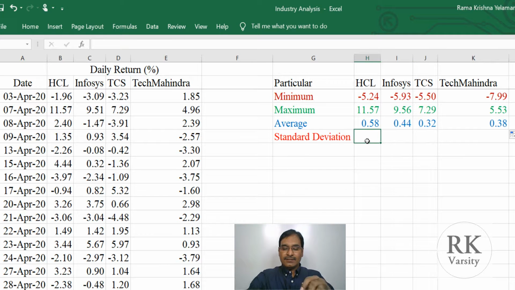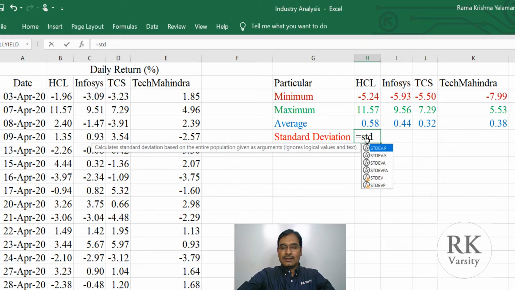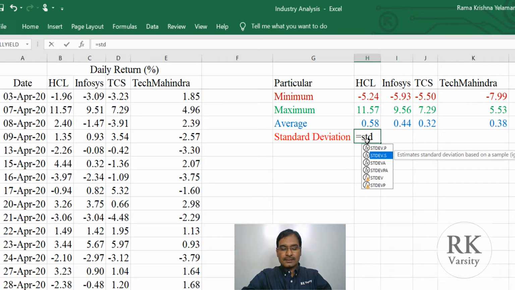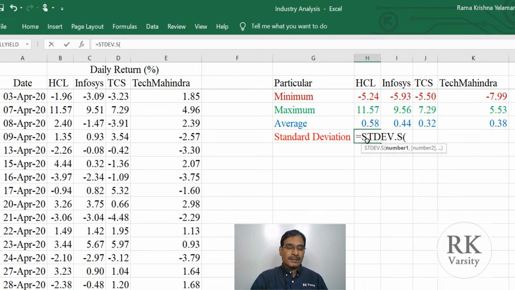Then the standard deviation equals STDEV.S. Because this is sample data, I am using STDEV.S, and this option is available in Excel 2010 onwards. Earlier versions have STDEV.